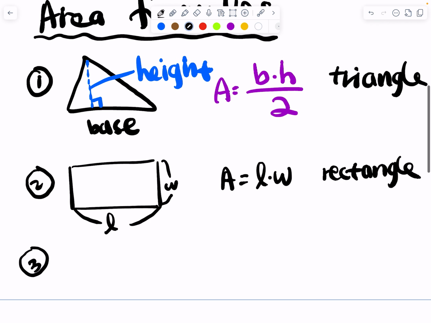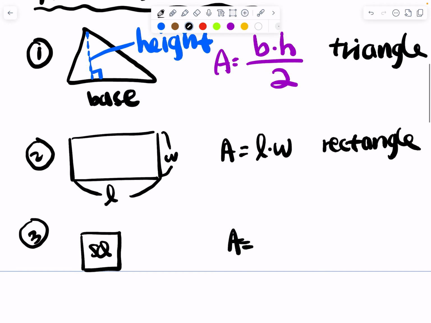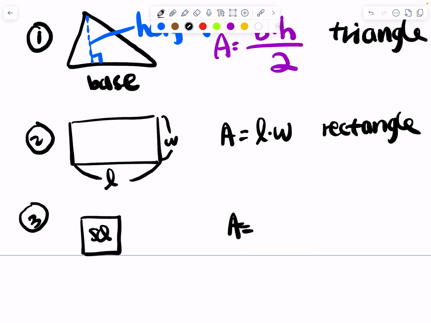Number 3. Who's the king of all polygons? Don't you think that it's a square, right? Square area is, you know how square and rectangle are so similar. So I can almost label this L and that W, except for squares, length and width are always the same.